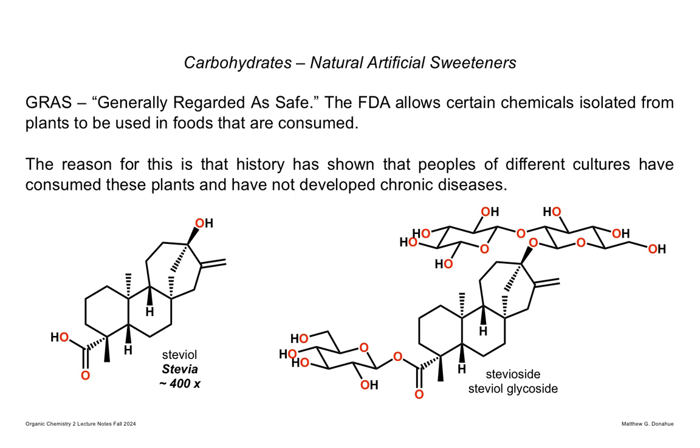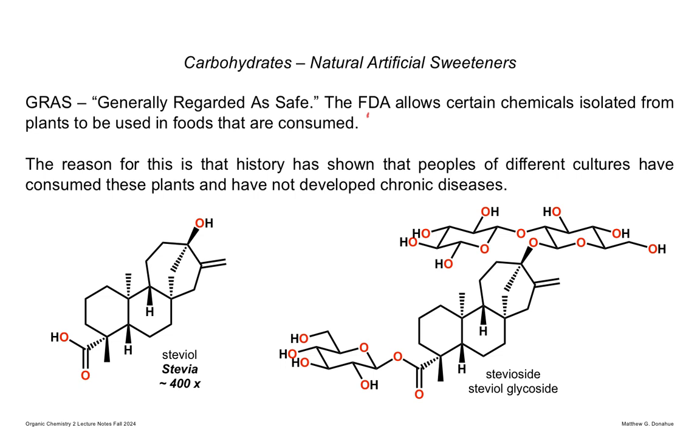And so those are synthetic sweeteners. Now some natural sweeteners. These are things isolated from plants that are added because they're perceived as sweet. The Food and Drug Administration allows these to be added because they're called generally regarded as safe.